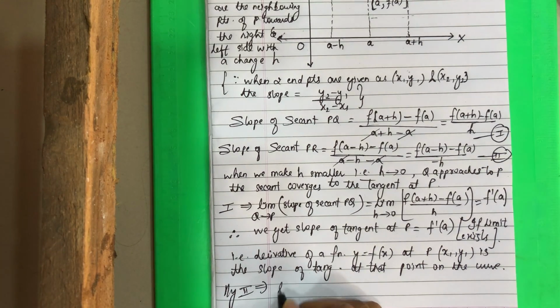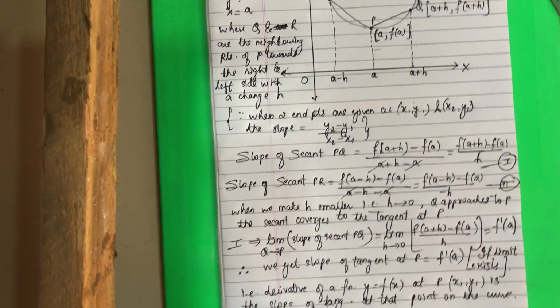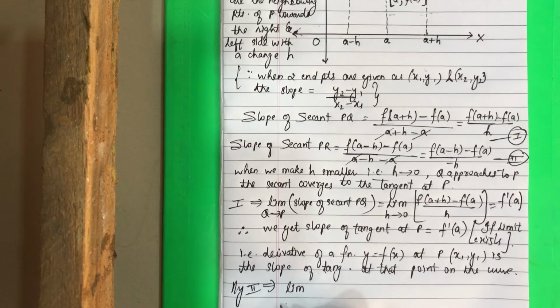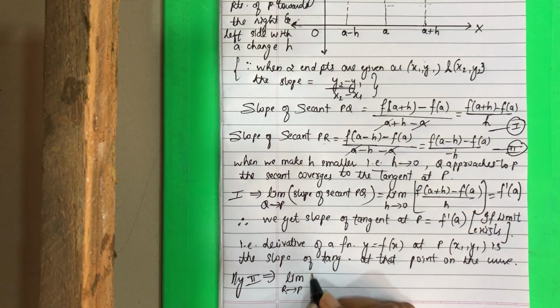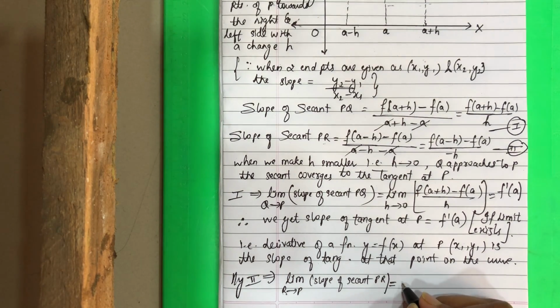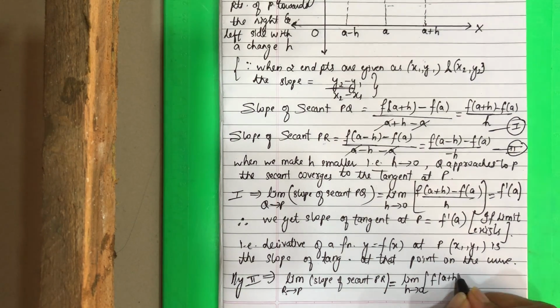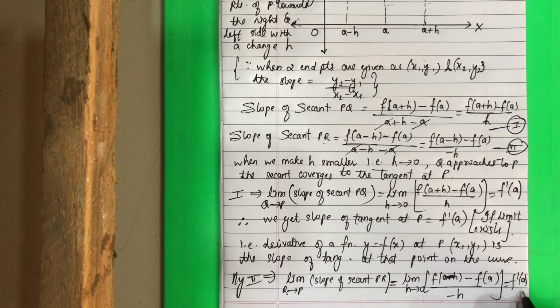It means the same, that is limit, here R approaches P, slope of secant PR is equal to limit h tends to 0, f(a minus h) minus f(a) upon minus h, that is equal to f dash a.